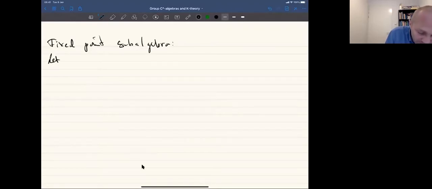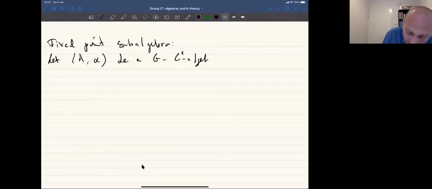I will do my best to instantiate the action, because sometimes we will use two different actions on the same C-star algebra, and then they're not the same as G-C-star algebras. I may sometimes forget. So I will write (A, alpha) to be a G-C-star algebra, alpha indicating the action.